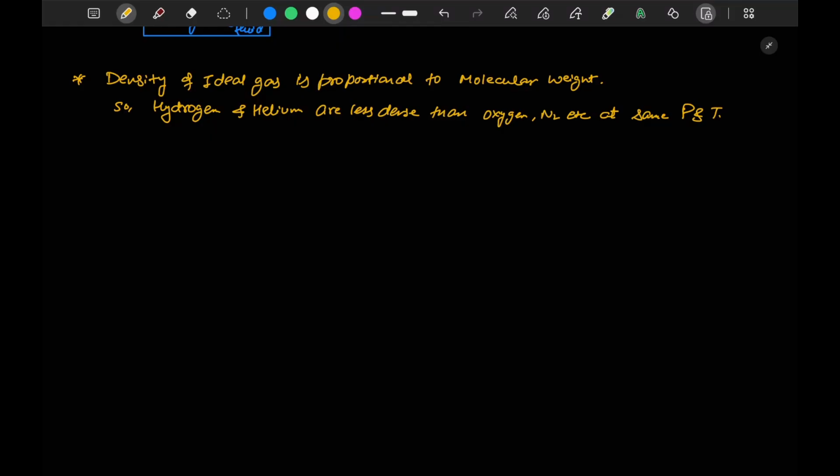Even though hydrogen is less dense than helium, hydrogen is highly flammable, so it is less widely used, and helium is an inert gas, so it is widely used. So this is the reason.